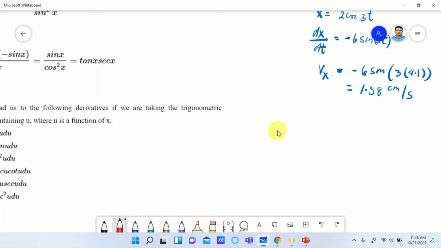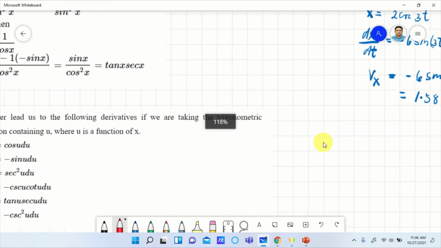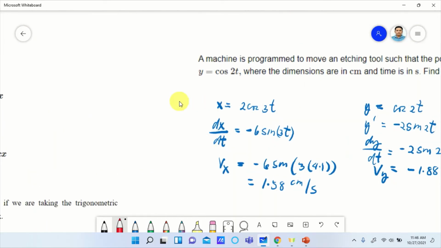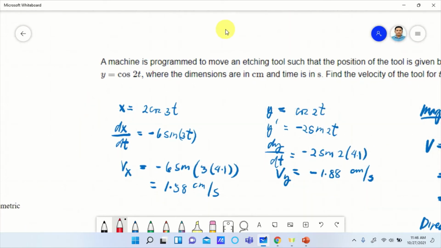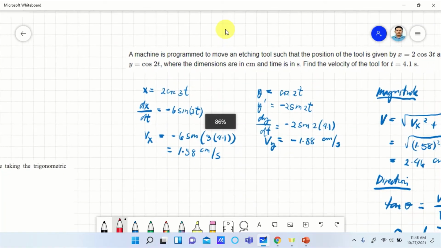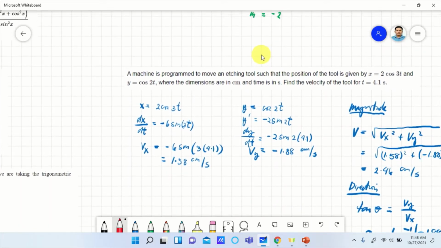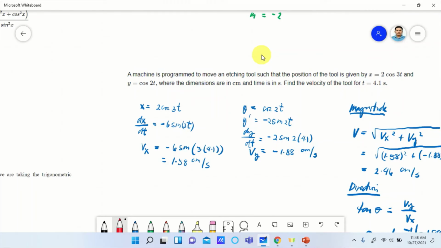The given problem has two functions. We have the distance function in the horizontal axis and the distance function in the vertical axis.